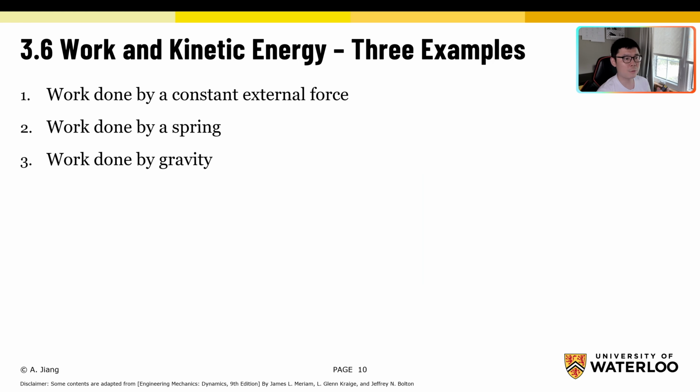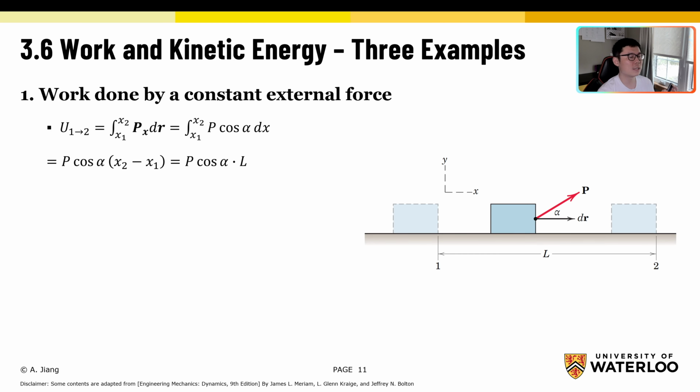There are three types of work we would really care about. They're work done by a constant external force, work done by a spring, and work done by gravity. In the next few slides, we will look at them one by one. Number one, work done by a constant external force.